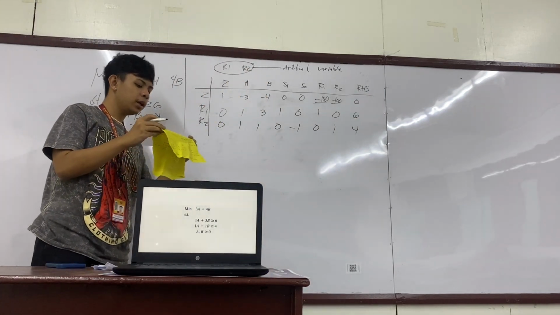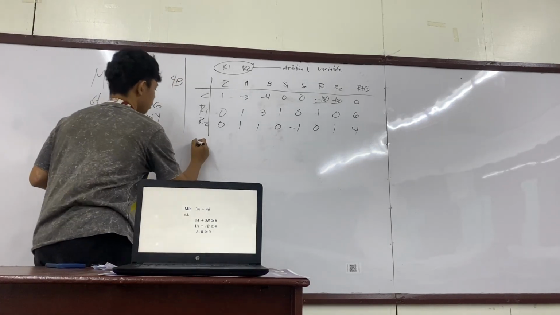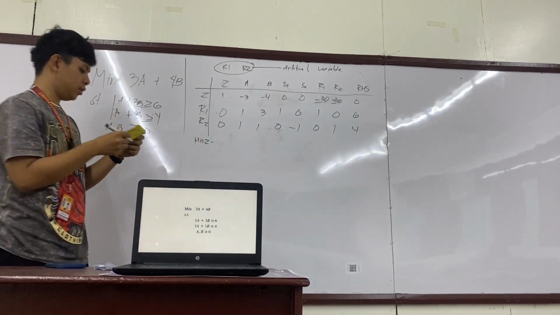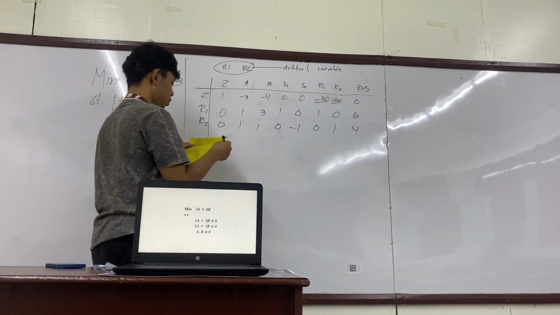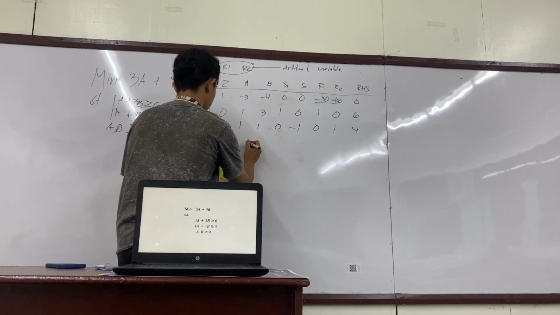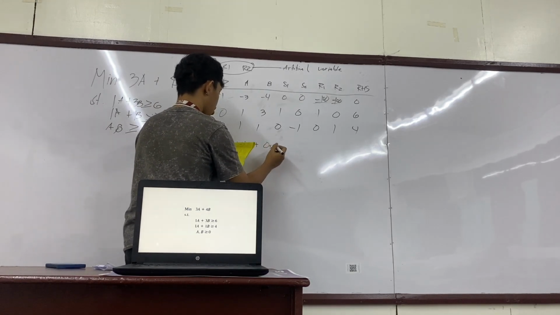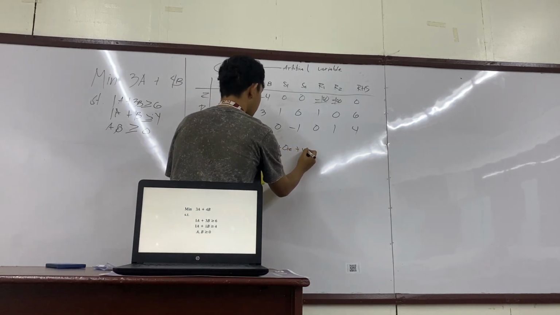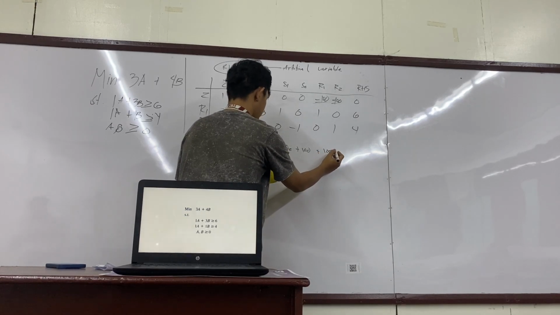The next step is to minimize Z. So 3A plus 4B plus 0S1 plus 0S2 plus 100 plus 100.